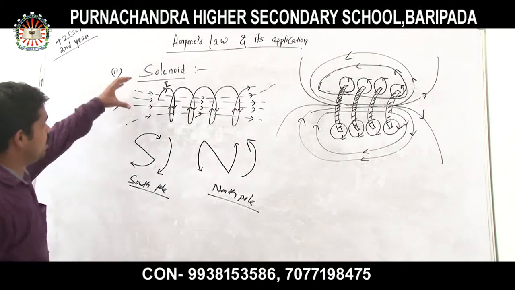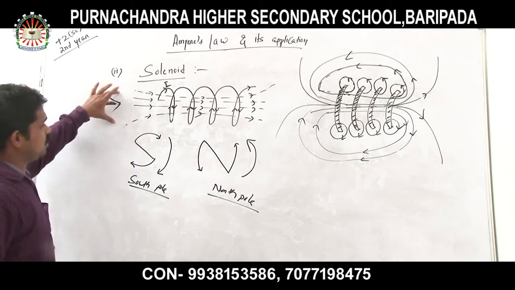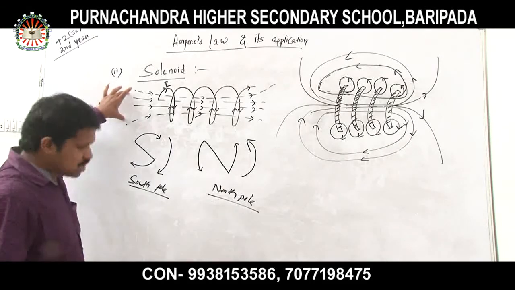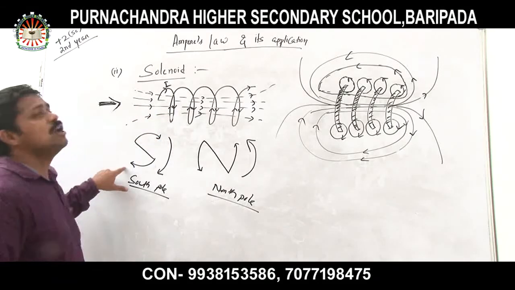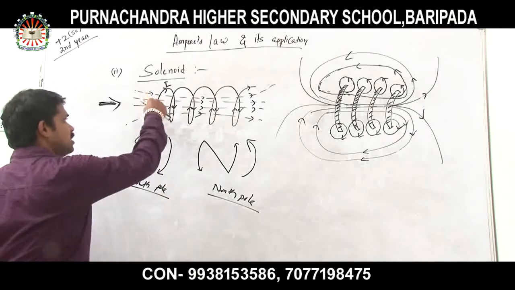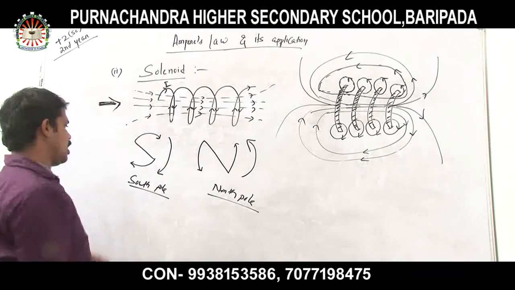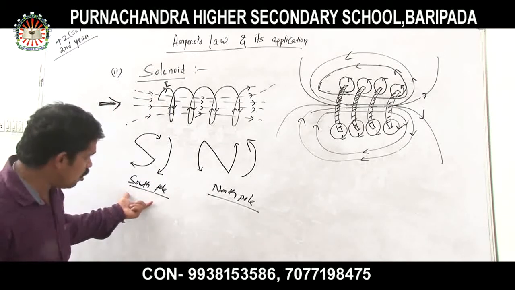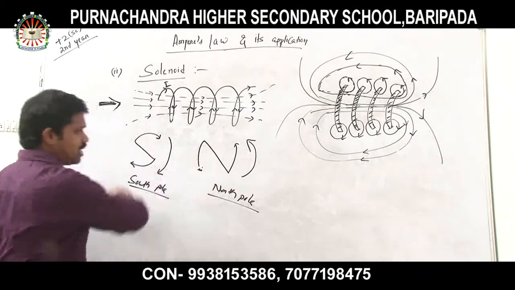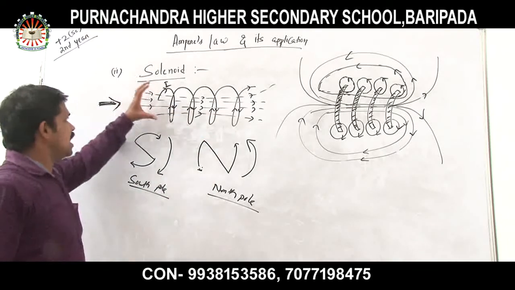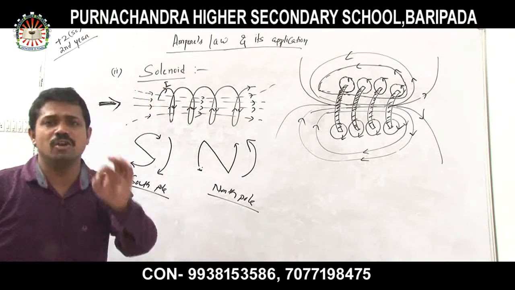If you look into one end of the solenoid and the current is flowing in the clockwise direction, then this end is taken as the south pole. If the current is flowing in the anti-clockwise direction, then this end is taken as the north pole.